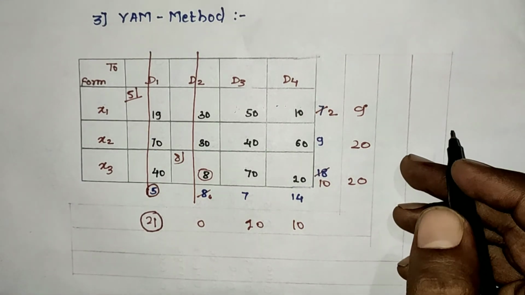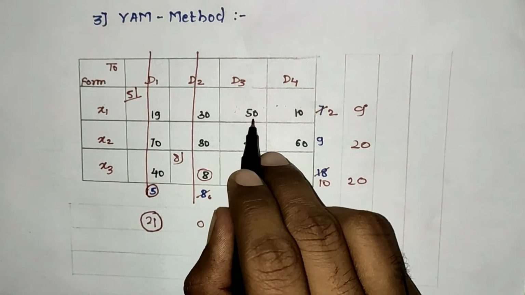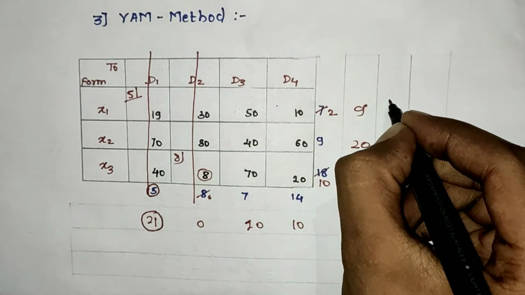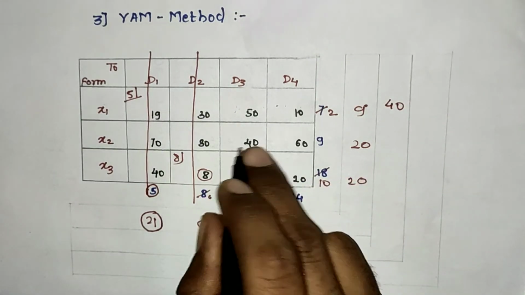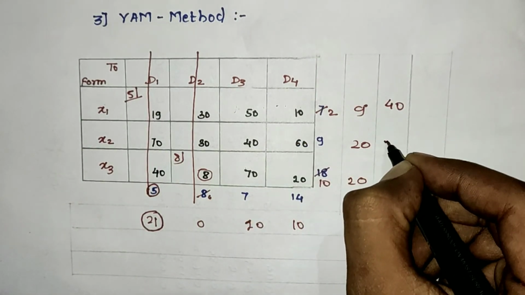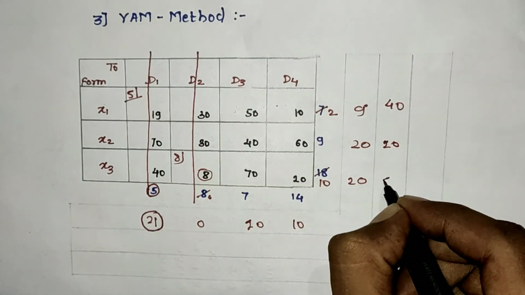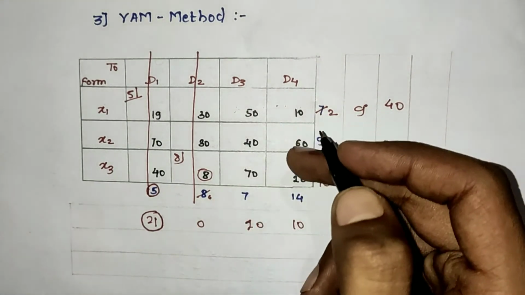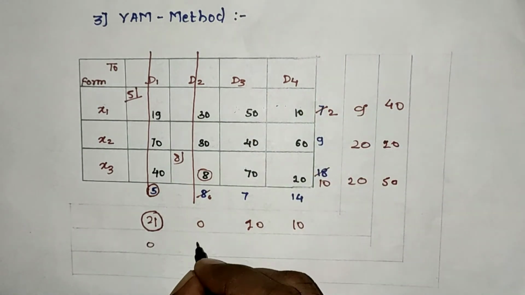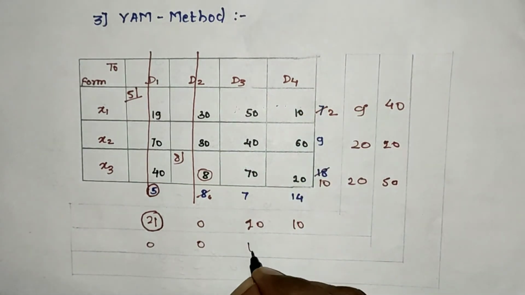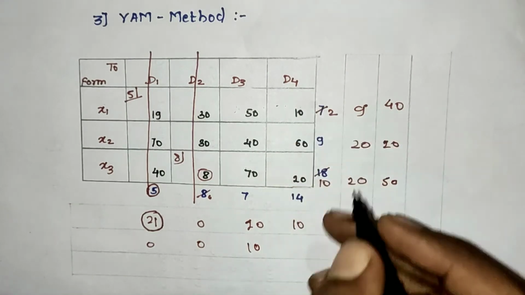Now again find the penalties. So again 50 and 10, so here 40; 40 and 60, so here 20; 70 and 20, so here 50; then 0, 0; 50 and 40, so here 10; and 10 and 20, so here 10.